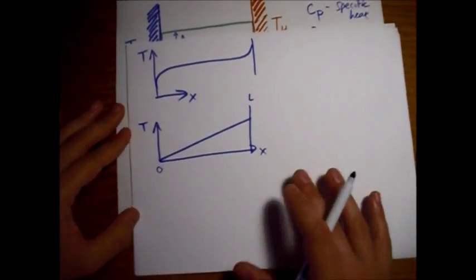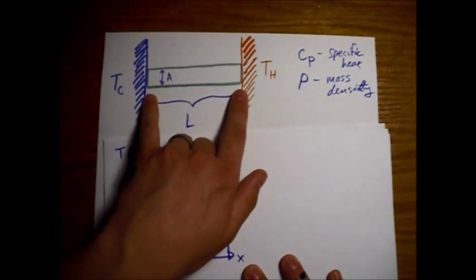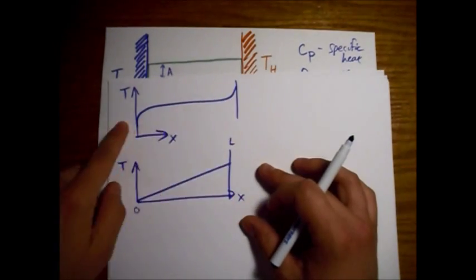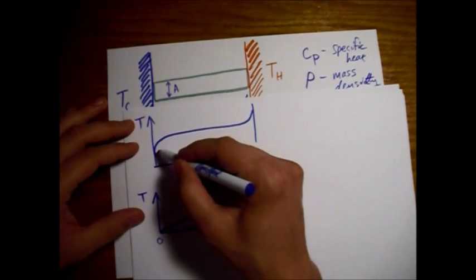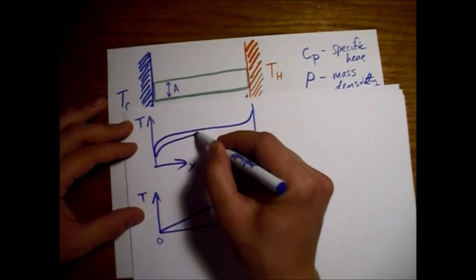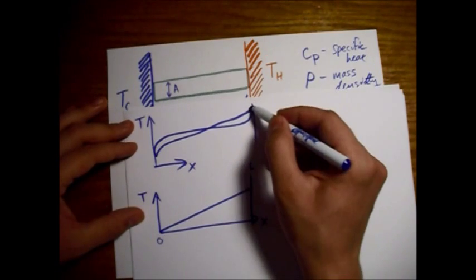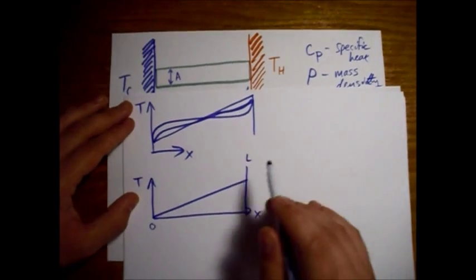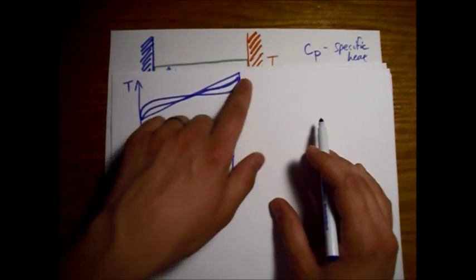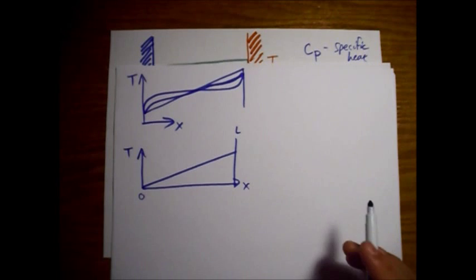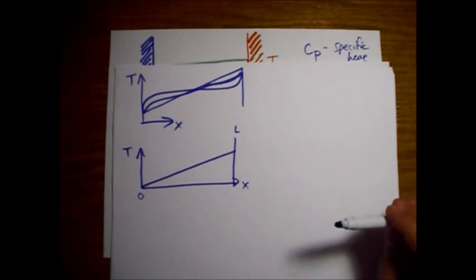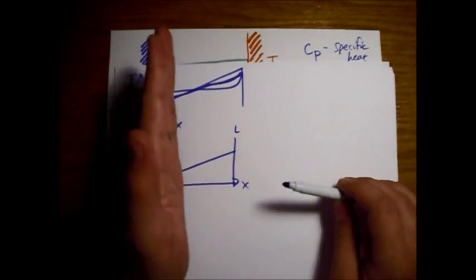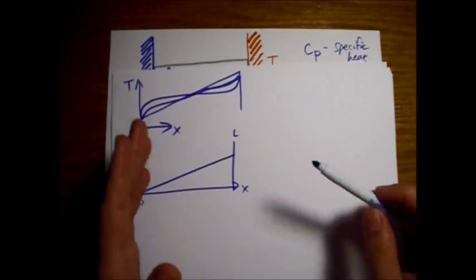Because we've left this bar in here for a really long time, even though it may start off like something like this, this will gradually even out until it's just a straight line, just a steady state, which just means that you have as much thermal energy entering, if you look at just a slice of the bar, as there is leaving it.